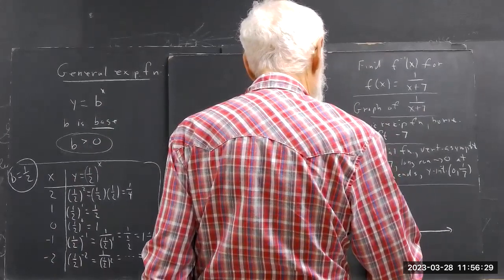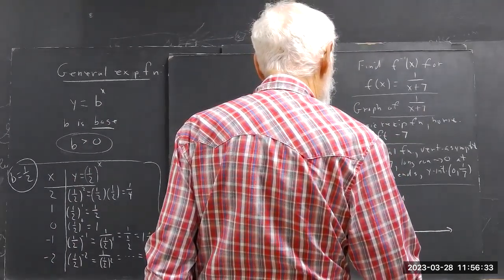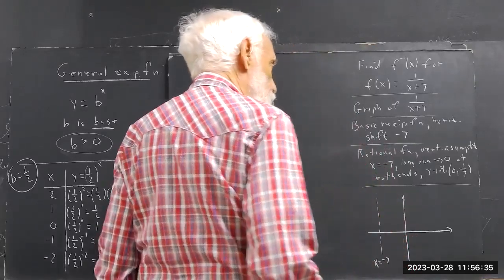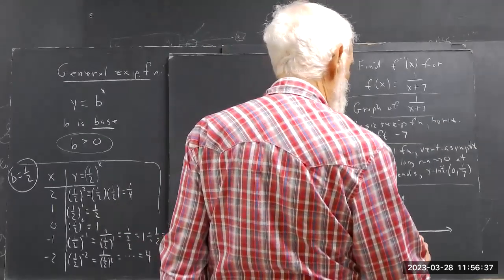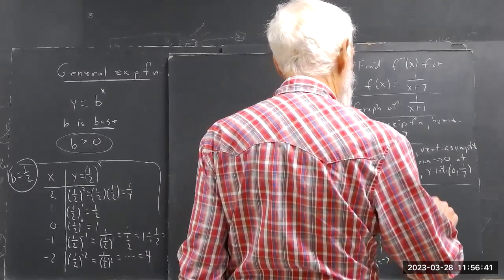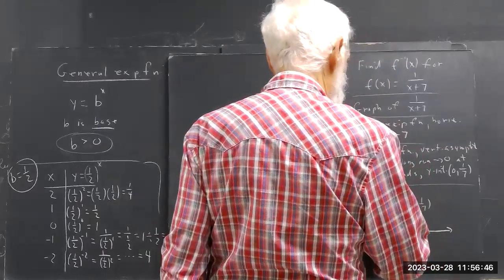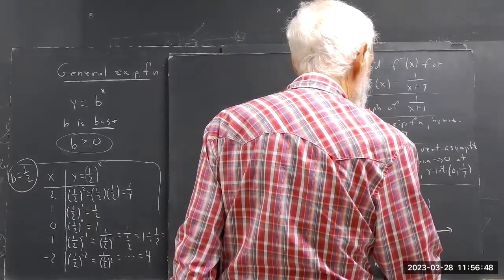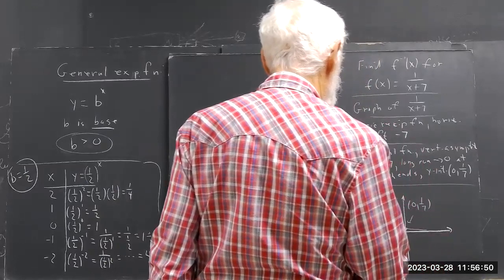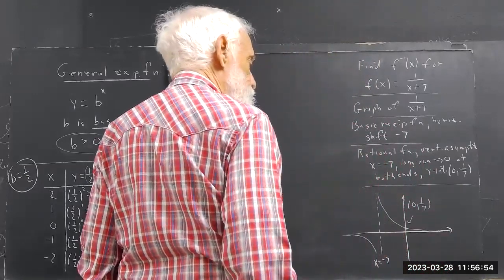Either way, the graph is going to have a vertical asymptote at negative 7, and it goes through 0, 1/7. So it's got to look like this.